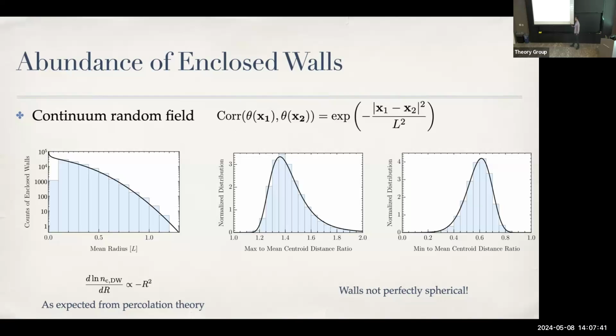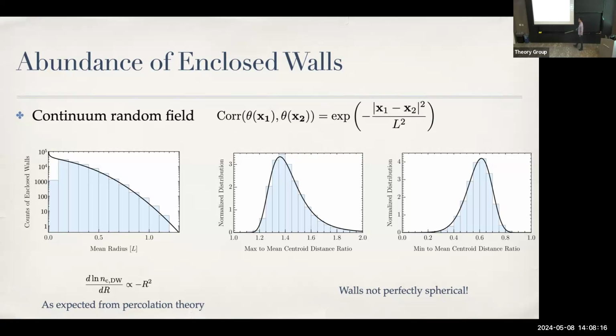Not only that, but you can also get information about how these enclosed walls look geometrically. These enclosed walls are of course not perfectly cubic, as we would expect from a discrete model. And they're not perfectly spherical, as some might expect. And this is important because a perfectly spherical wall, as we'll discuss shortly, can collapse much more easily to a smaller point than a wall that is not perfectly spherical. And that will hinder PVH formation. So we can gather statistics about the shape distribution of these enclosed walls.